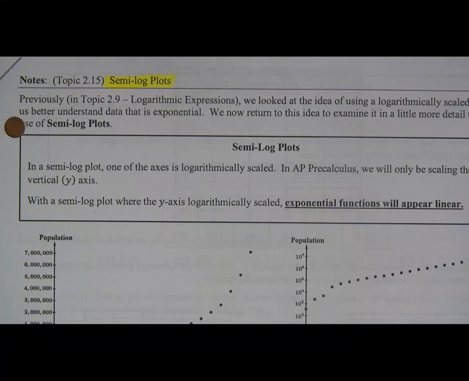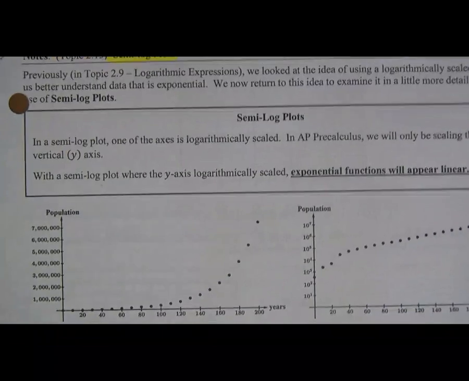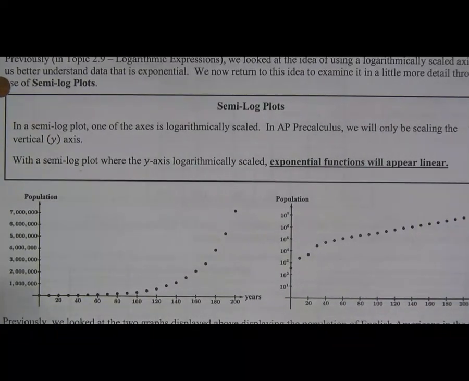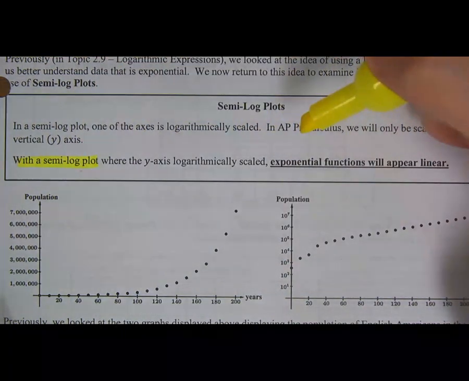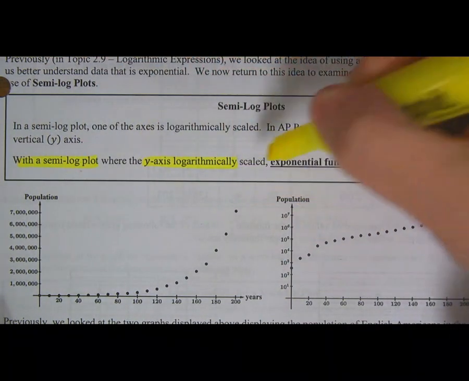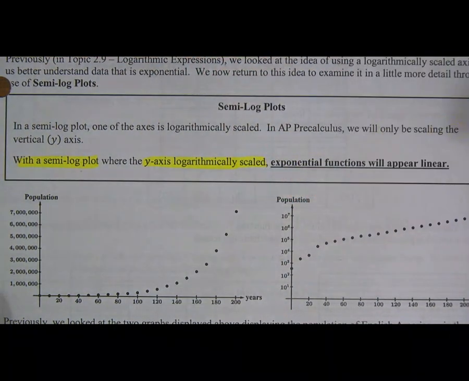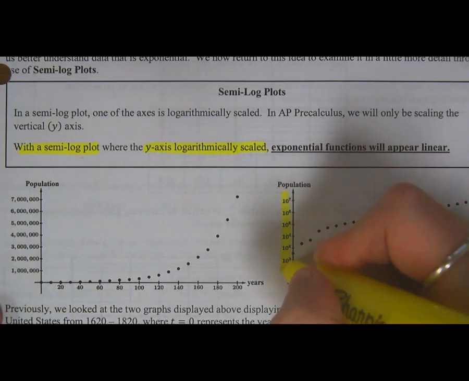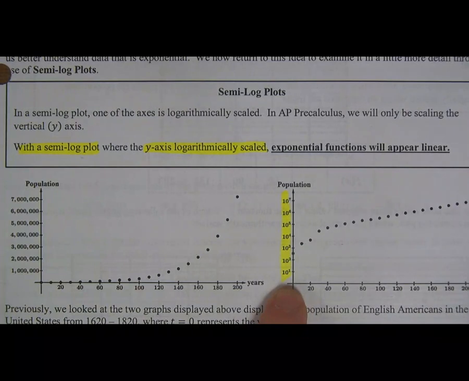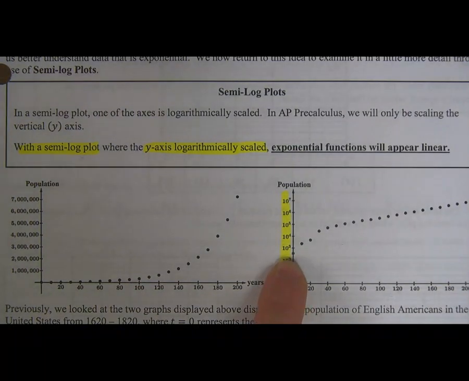So today is going to seem kind of disconnected to all of that, but it is relevant to logs and exponentials. And this is really one of the main takeaways that you're supposed to learn in this class. When you're dealing with a semi-log plot, and that just means that the y-axis is logarithmically scaled, and if you look right here, that's logarithmically scaled: 10 to the 0, 10 to the first, second, third, fourth power.